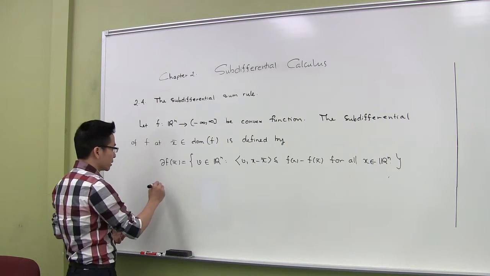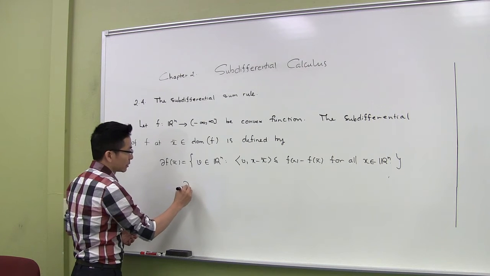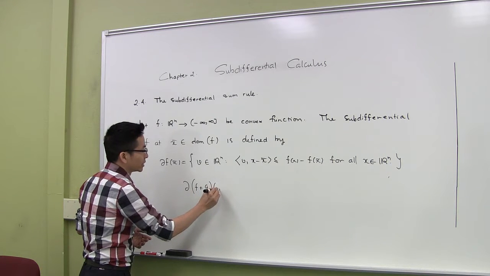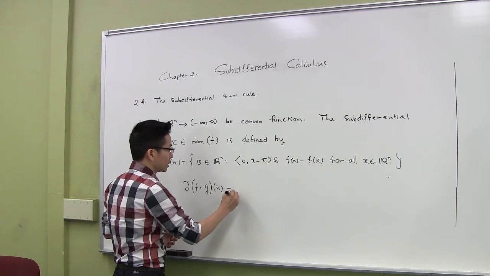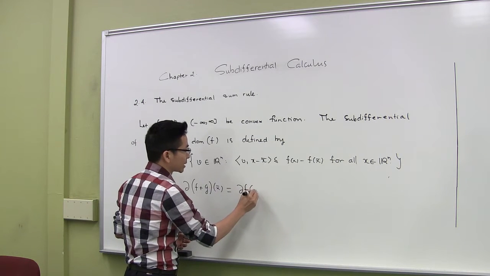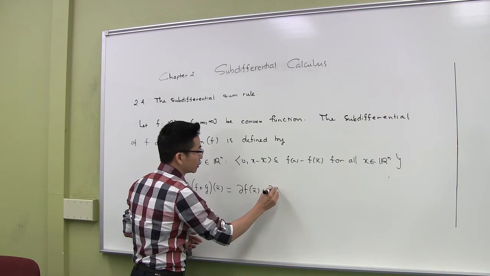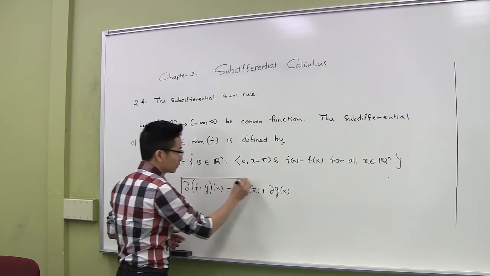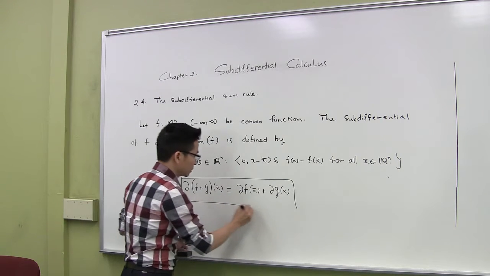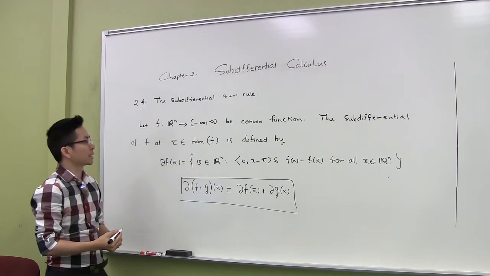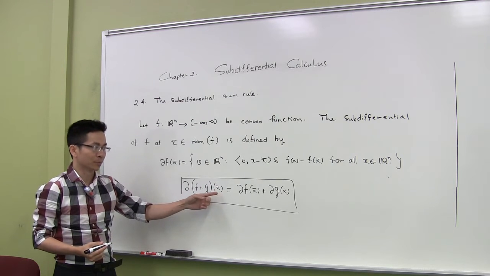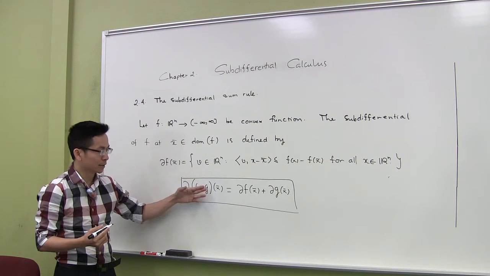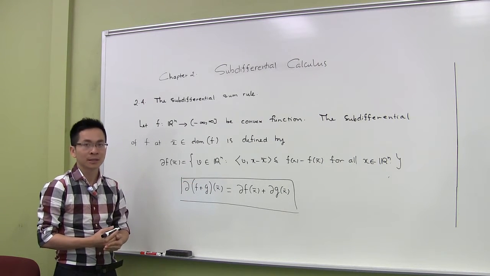That means, can we have this rule, subdifferential of f plus g at a point x bar is equal to the subdifferential of f at x bar plus the subdifferential of g at x bar? So in this lecture, I'm going to talk about the subdifferential sum rule and point out the conditions that guarantee this subdifferential sum rule.